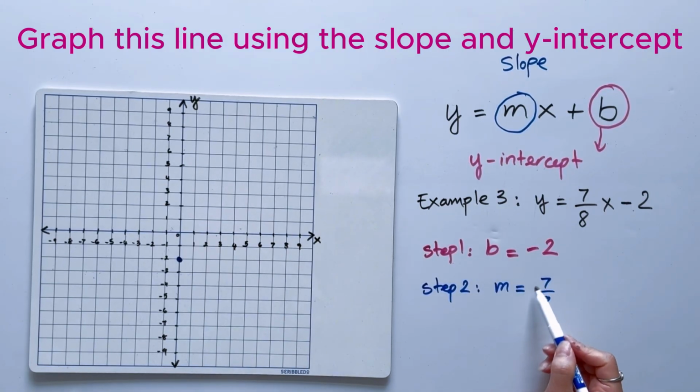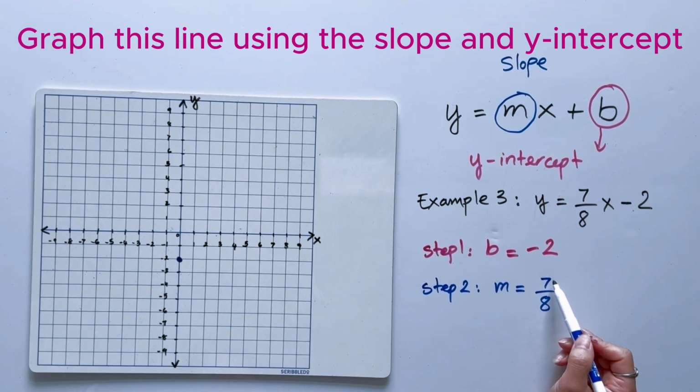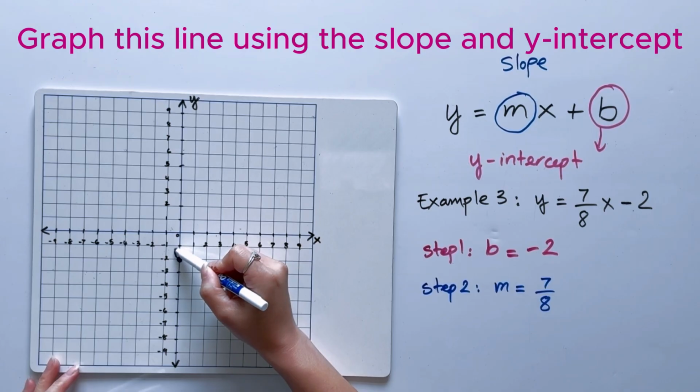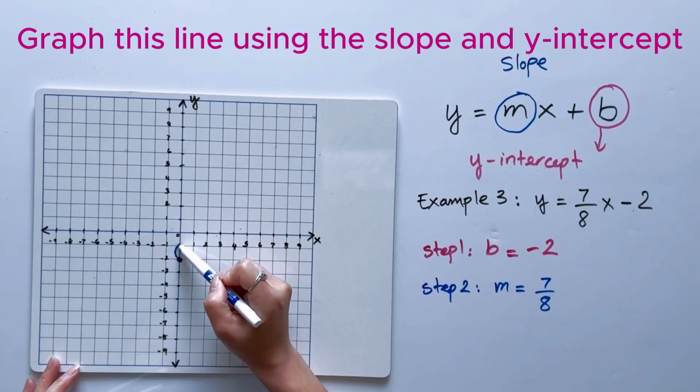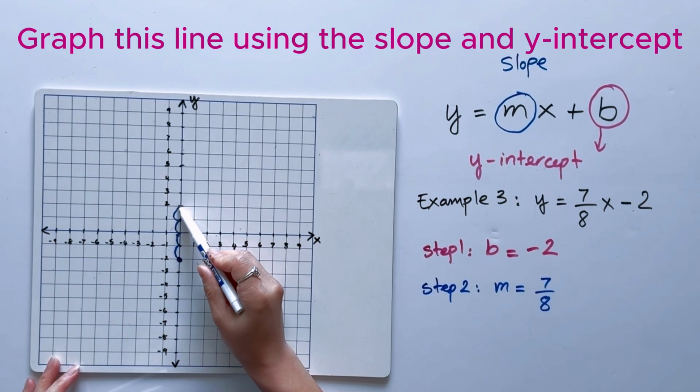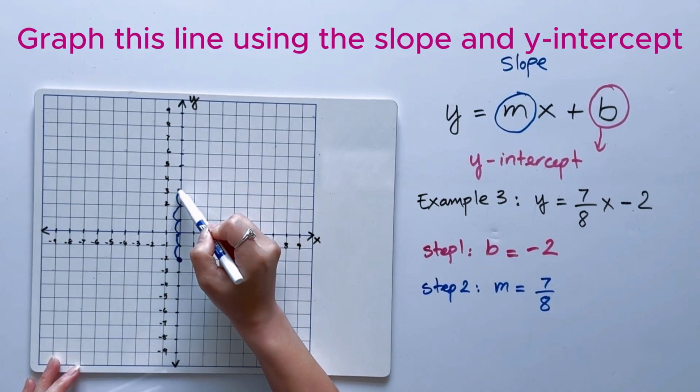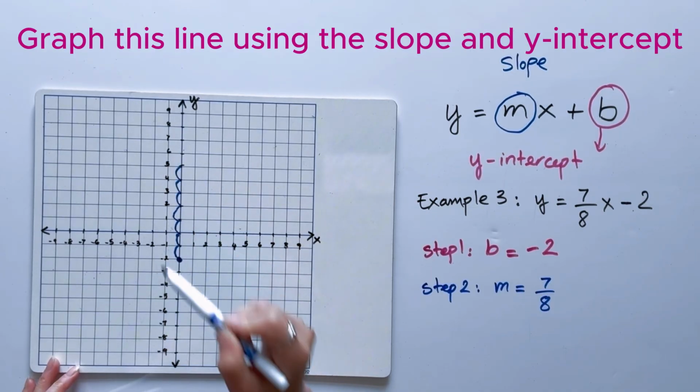For slope, we have 7 over 8, which means we have a positive slope. So we will go up 7 units: 1, 2, 3, 4, 5, 6, 7.